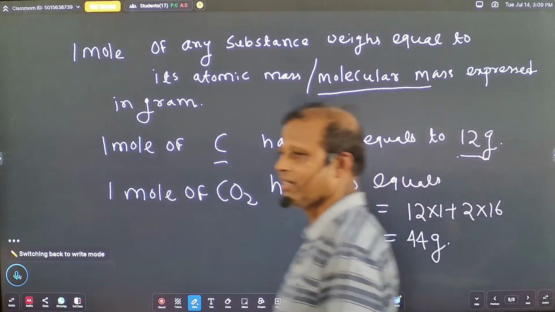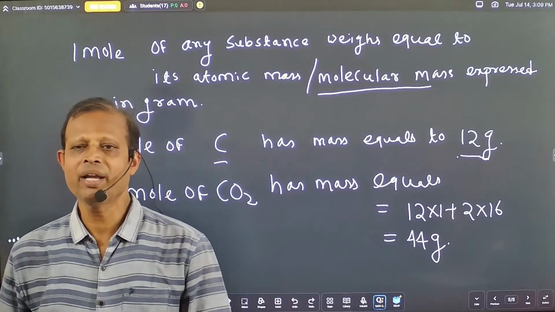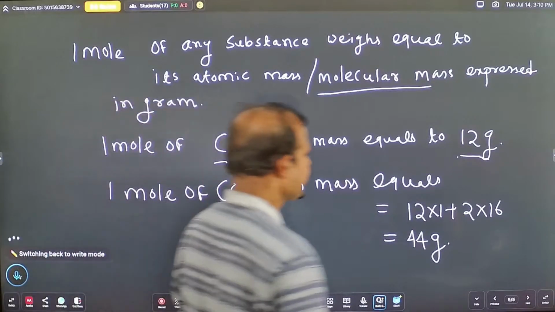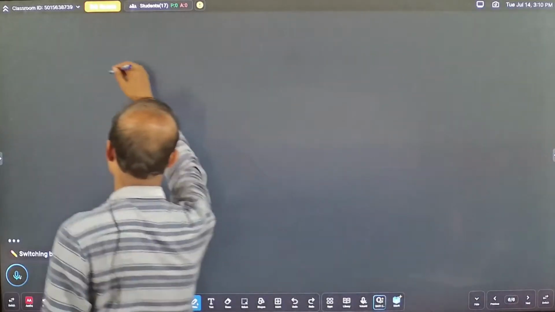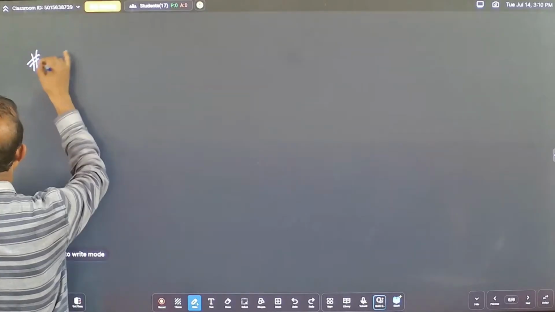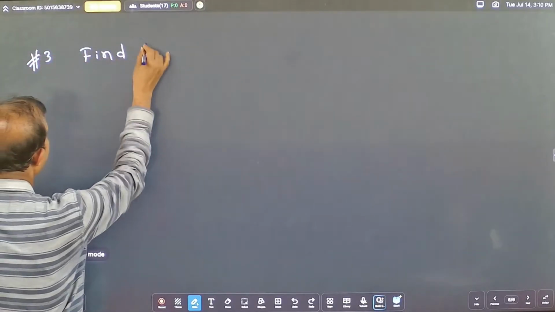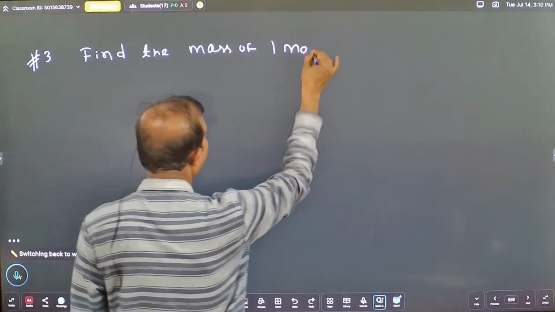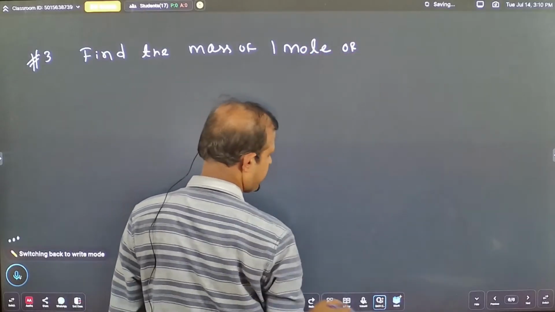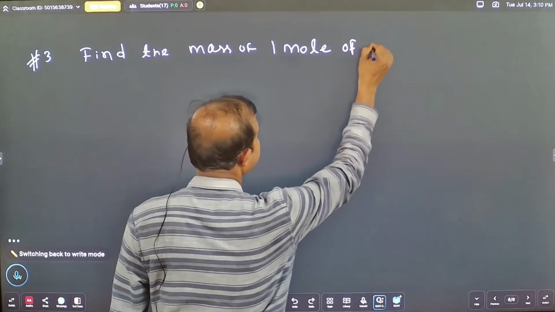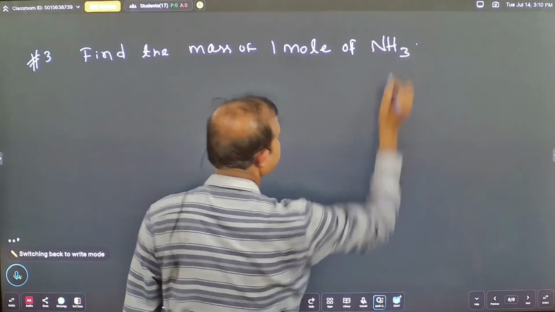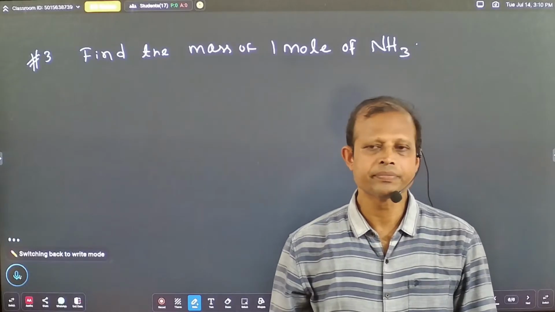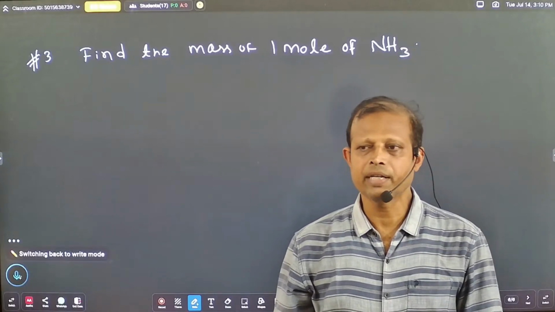Go. Come on. Nitrogen atomic mass is 14.